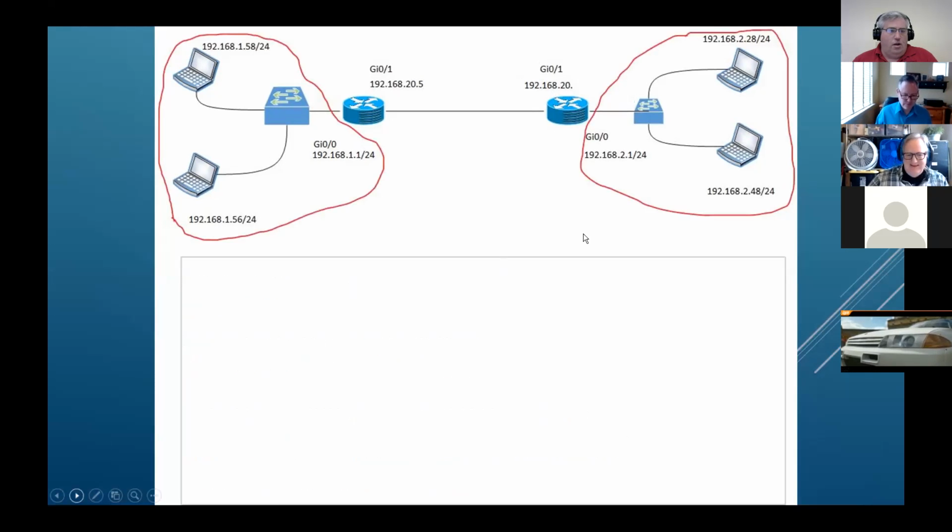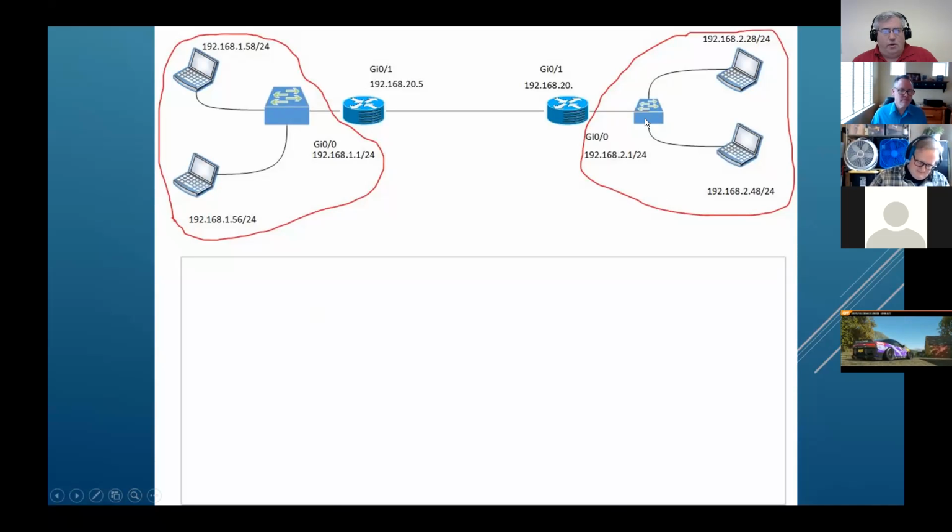All right, so let's concentrate on these 2 sections of the network. As you can see, we're on 192.168.1.1 and 192.168.2.1. So we have 2 separate networks, and then we're trying to communicate between them with 2 routers. Because a switch won't pass onto different networks.